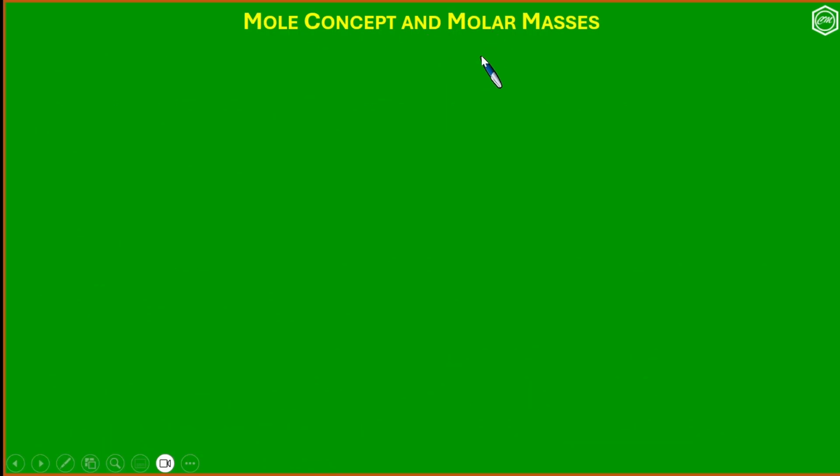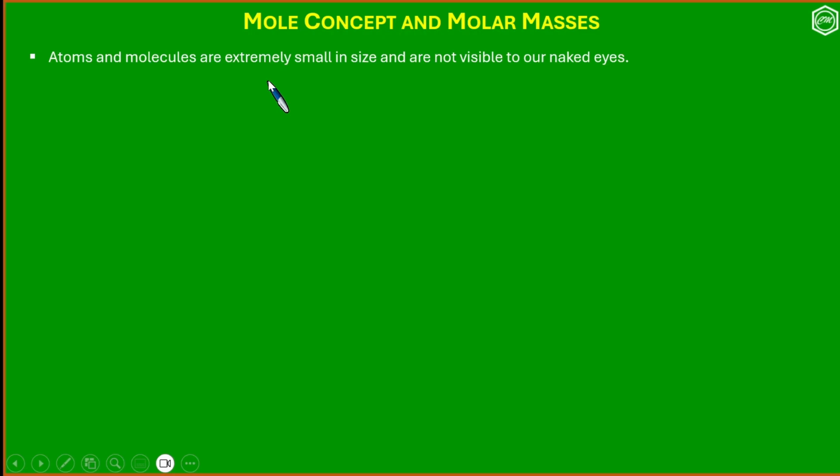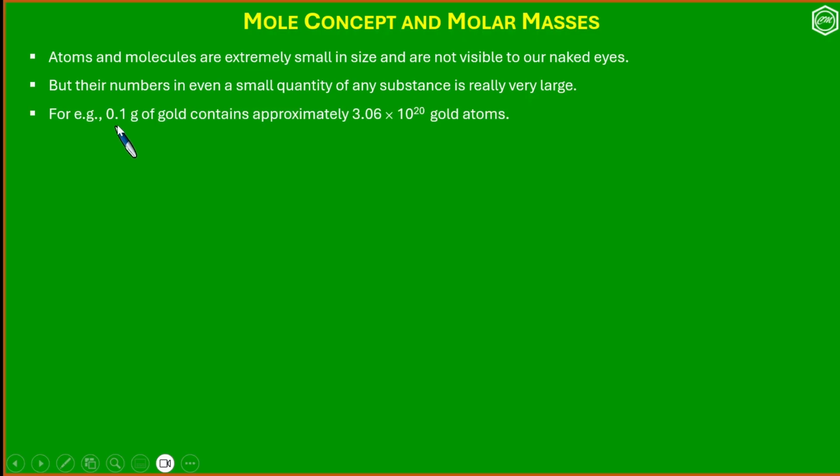Mole concept and molar masses. Atoms and molecules are extremely small in size and are not visible to our naked eyes. But their numbers in even a small quantity of any substance is really very large. For example, 0.1 gram of gold contains approximately 3.06 into 10 raised to 20 gold atoms.